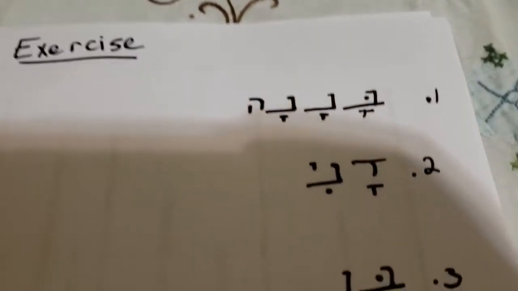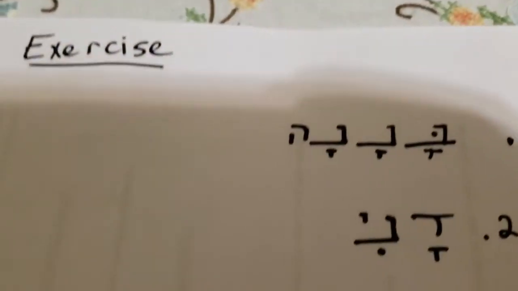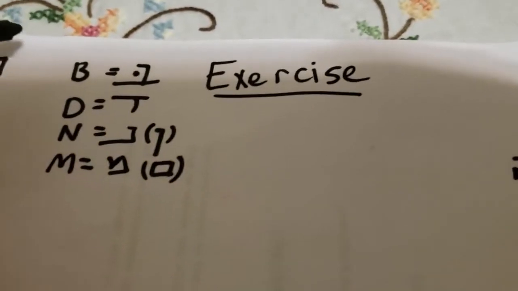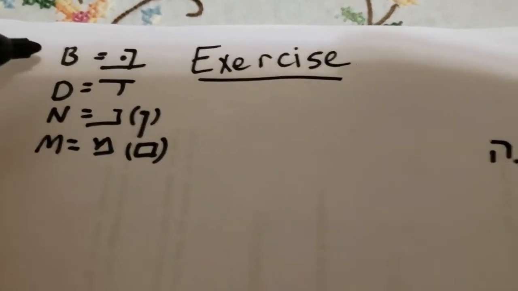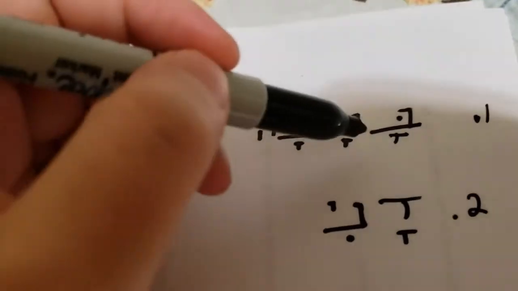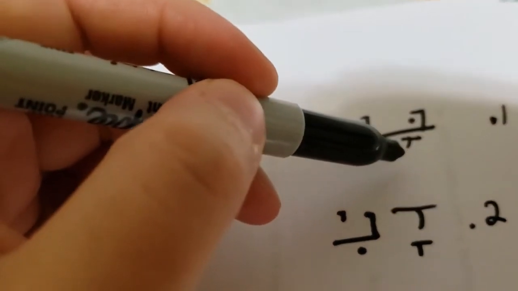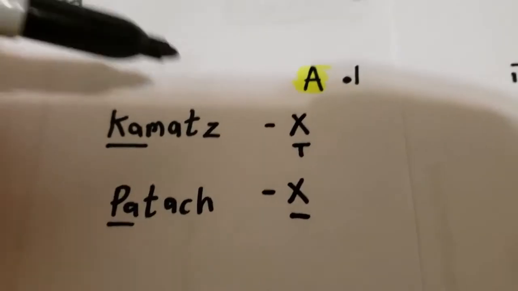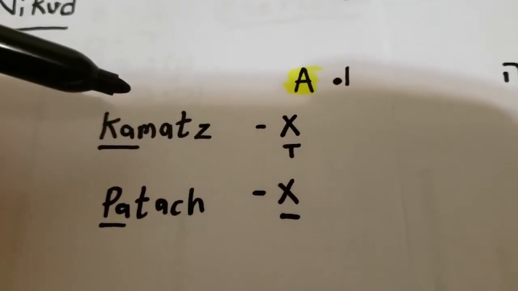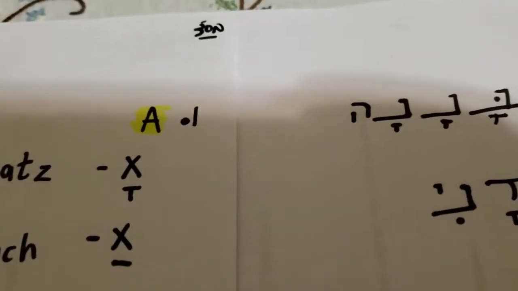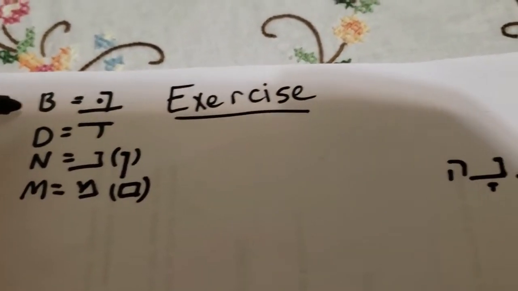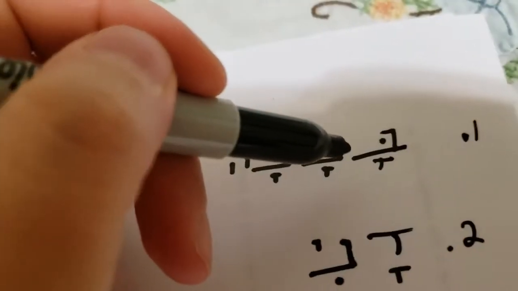All right, so the first word, the first letter is, let's look here, bet is B. Now under the bet we have this symbol. Let's look at our paper. This is kamatz. Kamatz is A. So we have the letter B, bet, with kamatz, which is going to be ba.